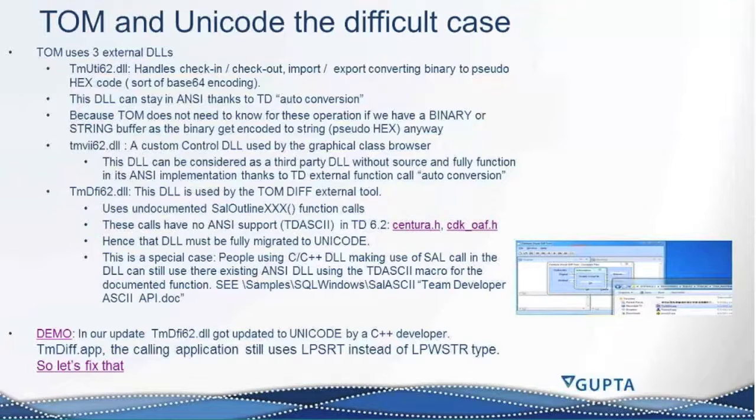TM-diff62 is another tool that Tom uses, which is basically a diff tool. It is also an external tool within Tom. The problem here is it uses undocumented SalOutline functions, and these calls don't have TD ASCII2 support in TD62.